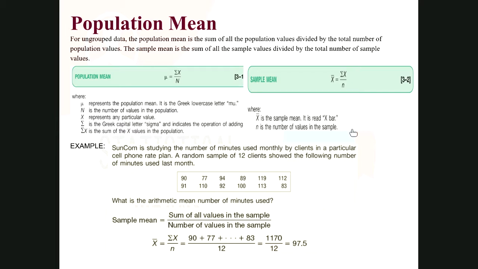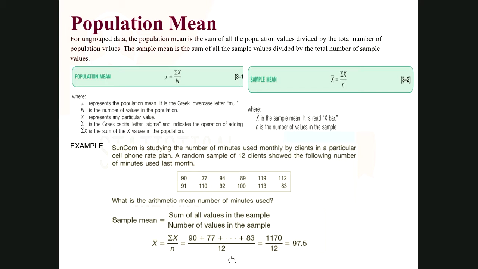Showing the formula at the bottom, the mean equals the sum of x over n, and we add up, in this case, all the minutes divided by the total number of observations. That's another name for sample. The sample size is 12.